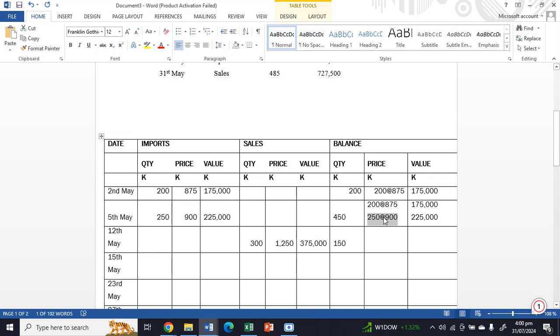And the remaining 50 goods will be removed from this earlier batch here. So here, we're going to remain with 150 goods at 875. And we calculate the total value. 150 times 875, 131,250. Any questions before we continue?